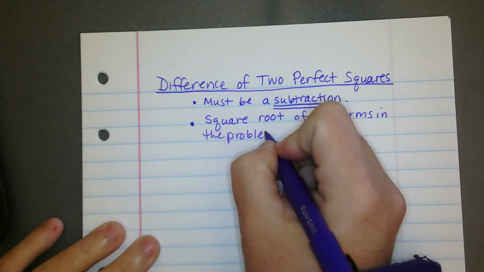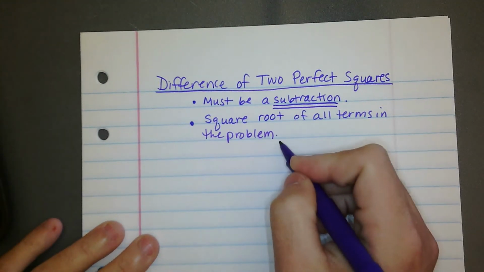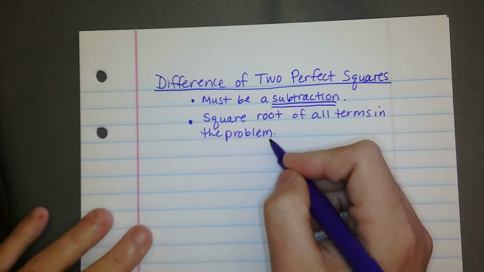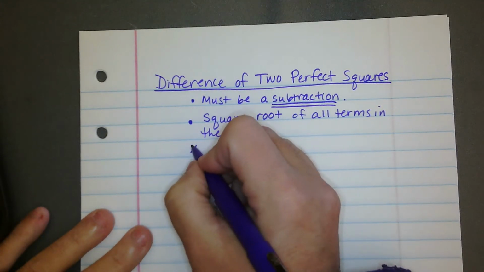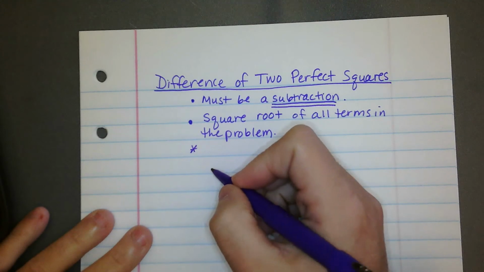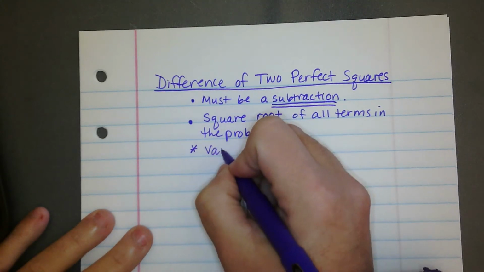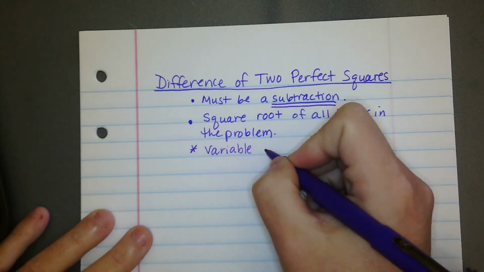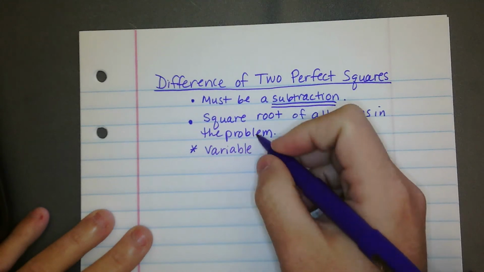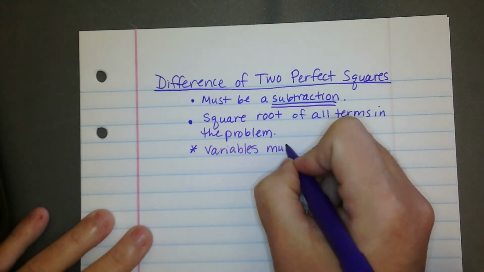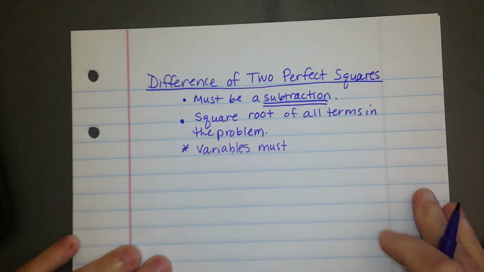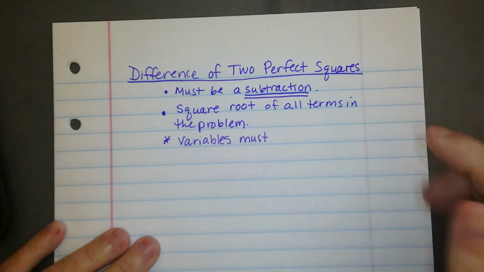The other part of this where you're taking the square root is for variables. The key and important thing to know about the variables is that they have to have even number exponents. If they have odd number exponents, they can't be factored using this method.